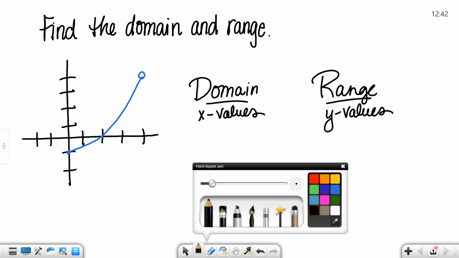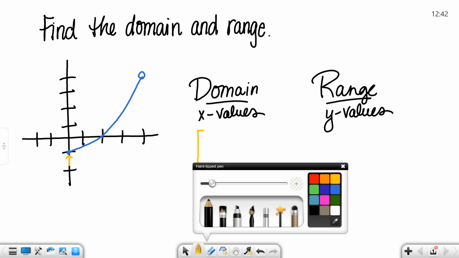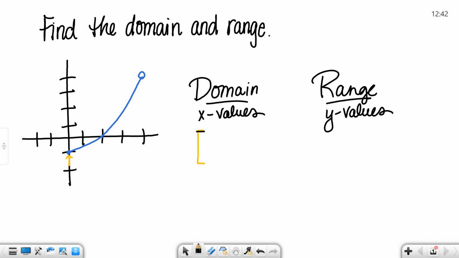That puts me right here. Well, I want to know what is that x value. That x value is 0. It is a closed circle, which means it is equal to 0, so I have to have a bracket 0.